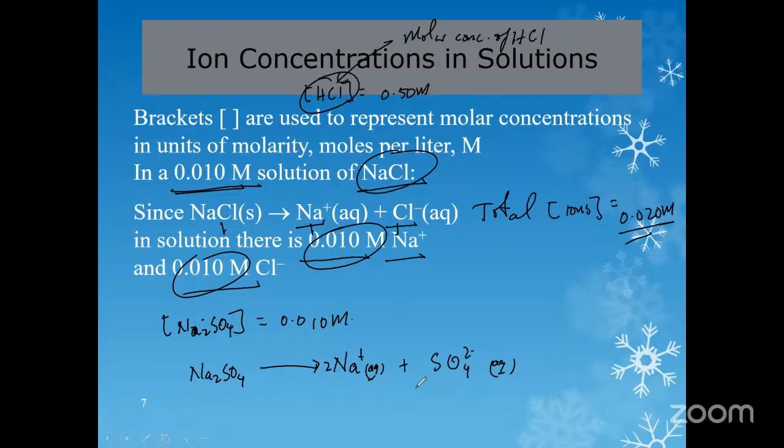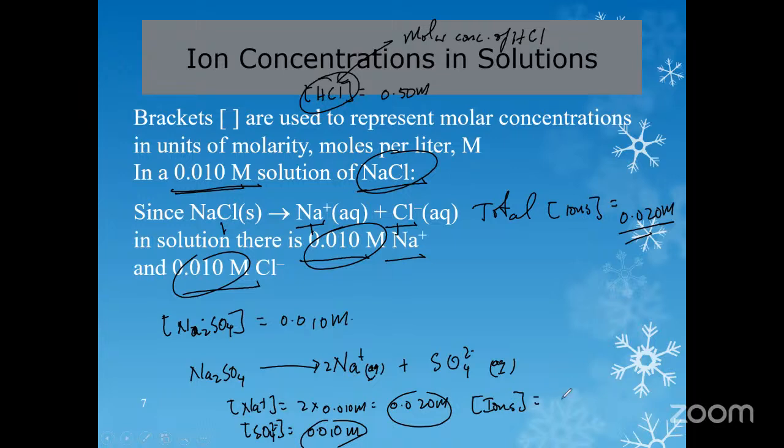So therefore, based on this dissociation, we can say that the concentration of Na+ would be 2 times 0.010 M, which would be 0.020 M, and the concentration of the sulfate ion would be, because of the 1:1 ratio between these two, 0.010 M. And we can say, therefore, in this solution, the total concentration of the ions would be the 0.02 plus the 0.010, which would be 0.030 M, right?